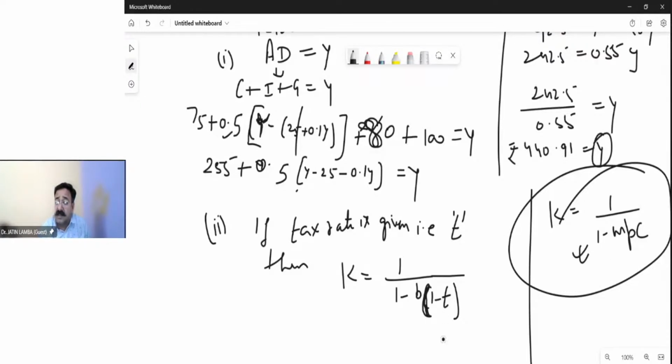But here the tax rate is given. So what is B, bache? B is MPC, na? And MPC means marginal propensity to consume, that is equal to delta C upon delta Y. It means whatever the change in consumption for the change in income, that is B. So what is the change in income?